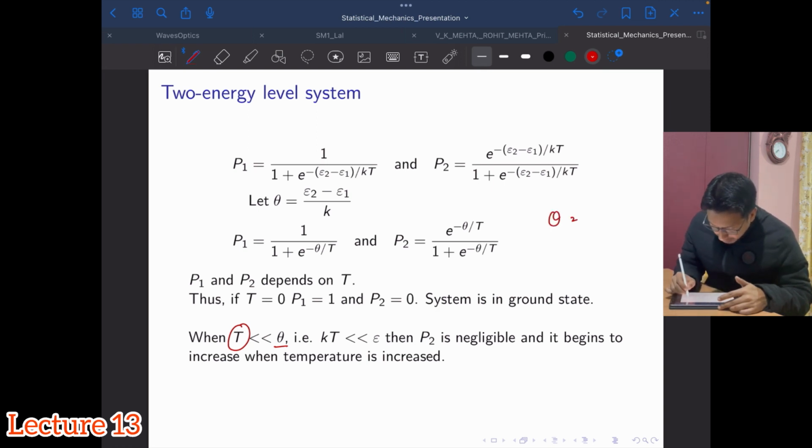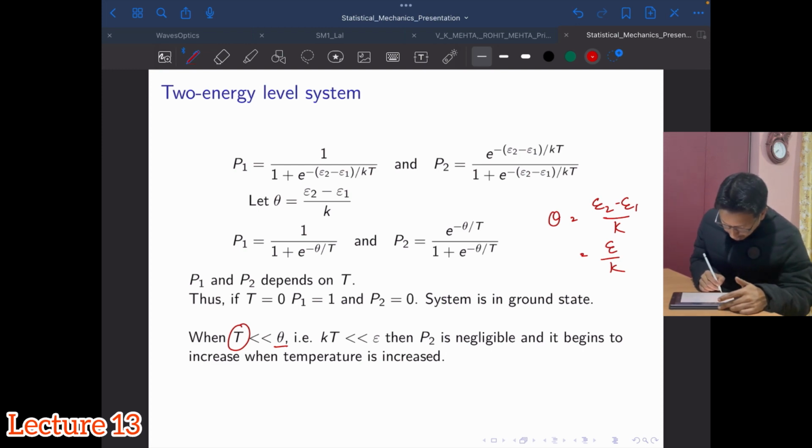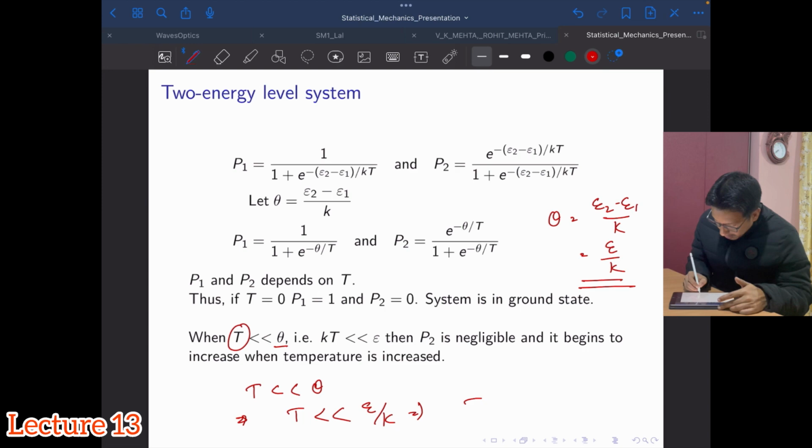Theta was equal to E2 minus E1 by K, so this difference is E by K. From this expression, theta is much greater than T. If I substitute theta from this expression, I get temperature T much less than E by K, which gives me KT much less than E, simply E.